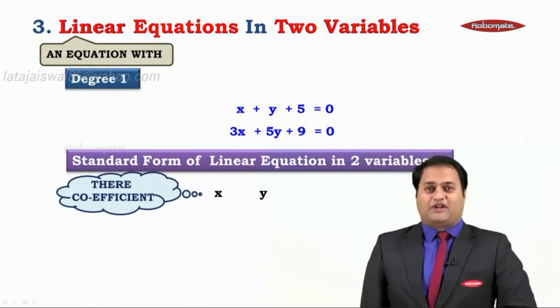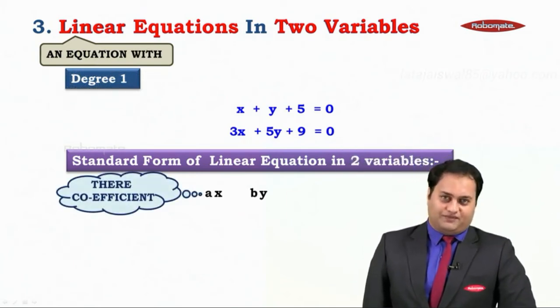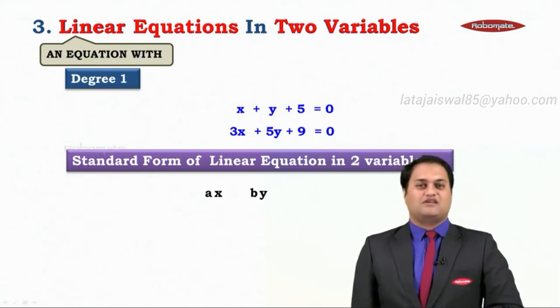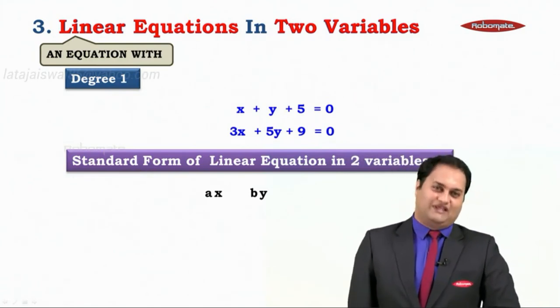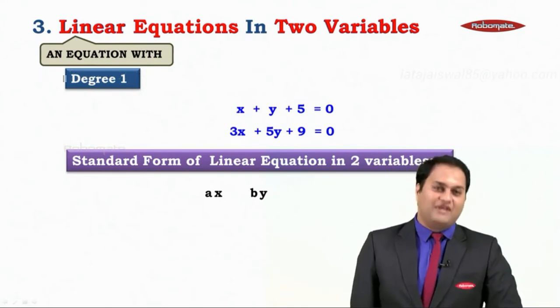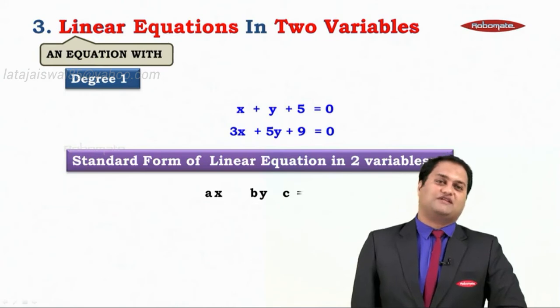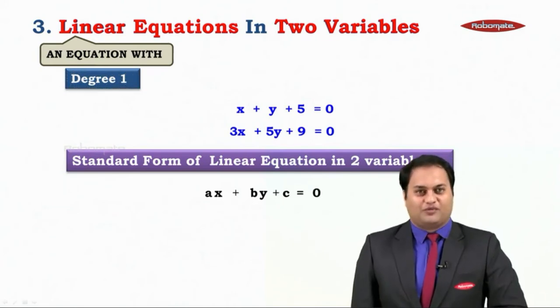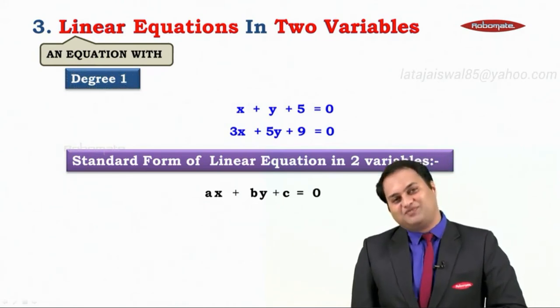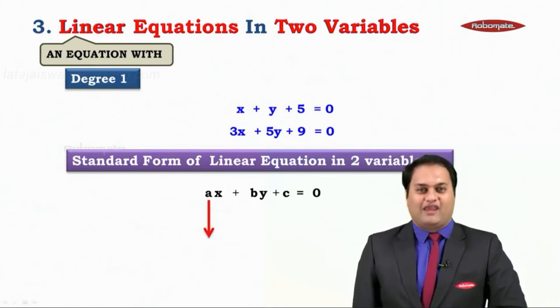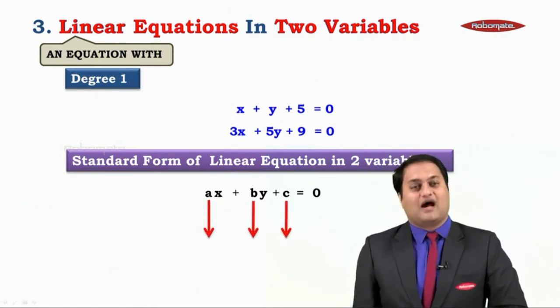Every variable should definitely have a coefficient. So let's put the coefficient of x as a and let us denote the coefficient of y as b. So ax, by, and it should follow with a constant. Let us denote the constant by c.